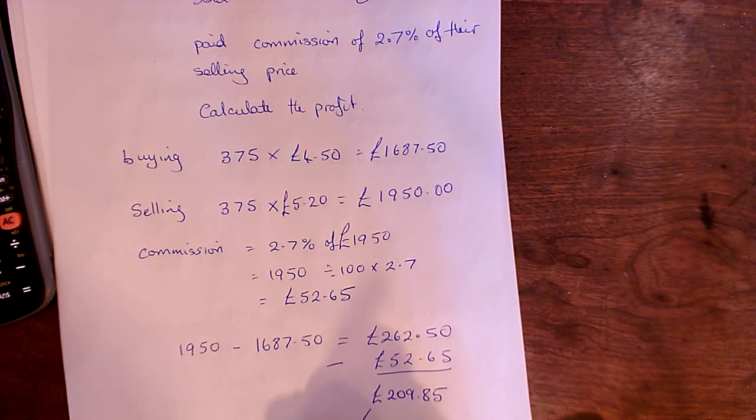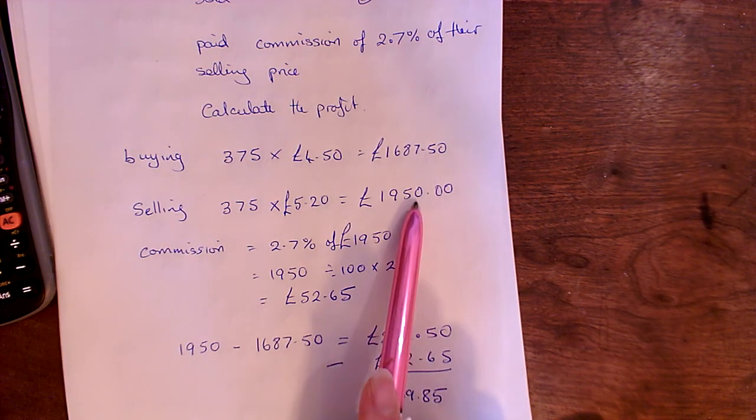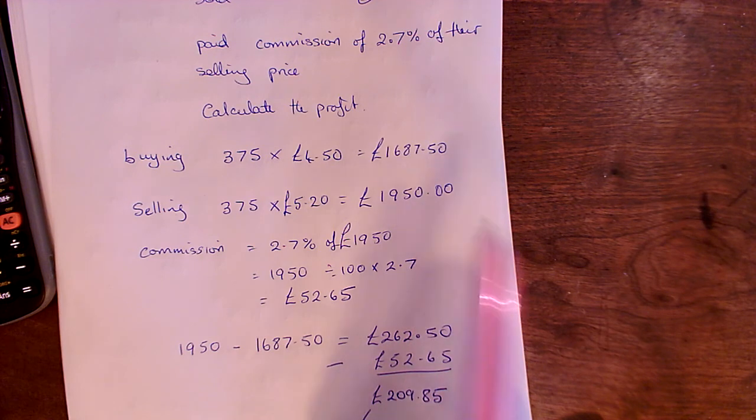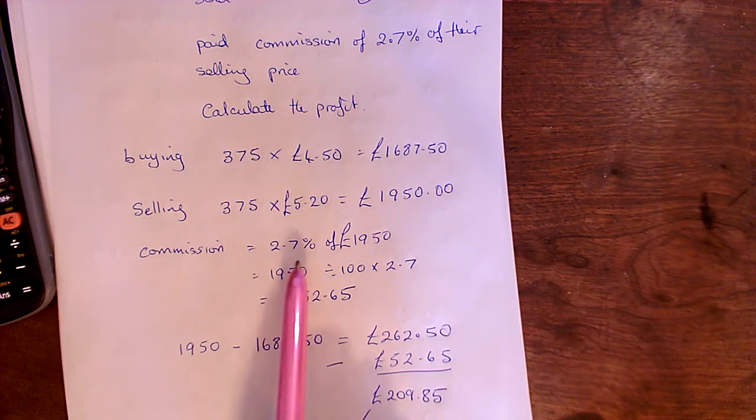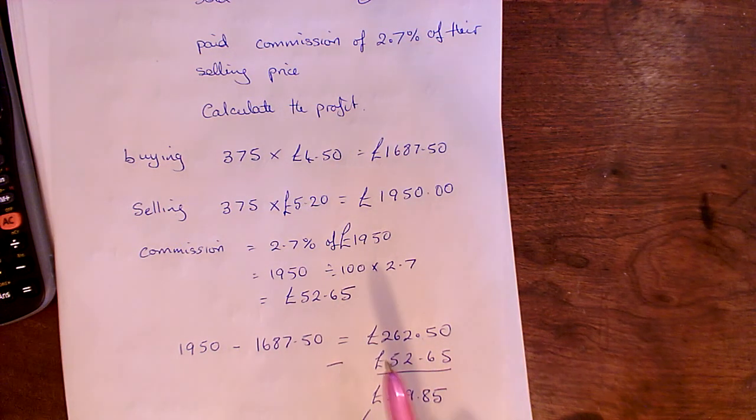So this is her actual profit. So she bought at one price, she sold at a higher price, so you can find the difference between those. But then she's got commission on that, that's 2.7% of her 1,950, £52.65. That has to come off as part of her expenses before you've got her profit left. So her actual profit is £209.85.